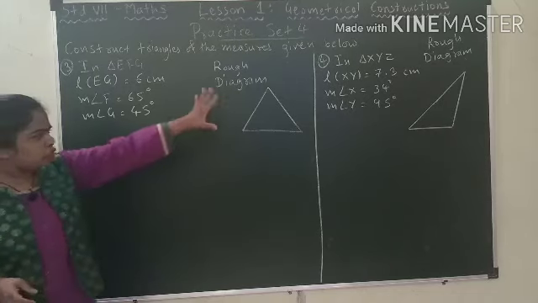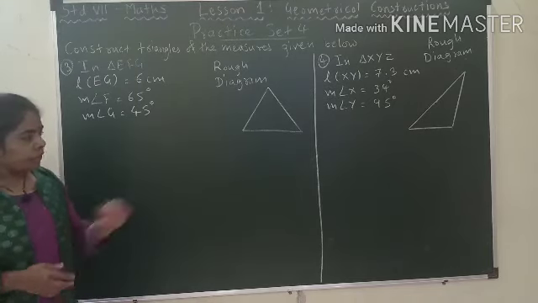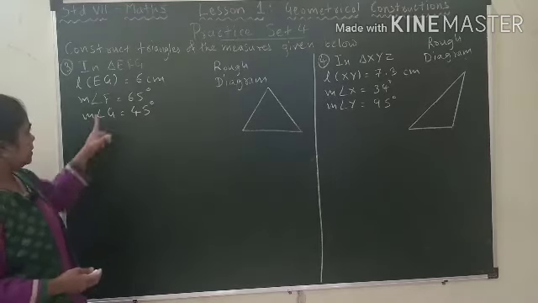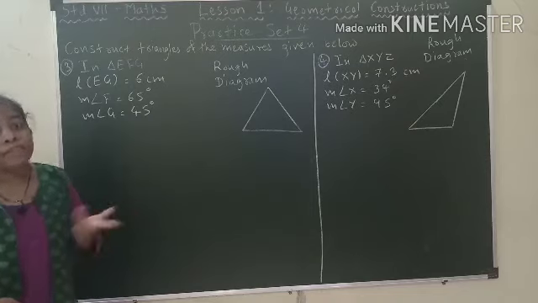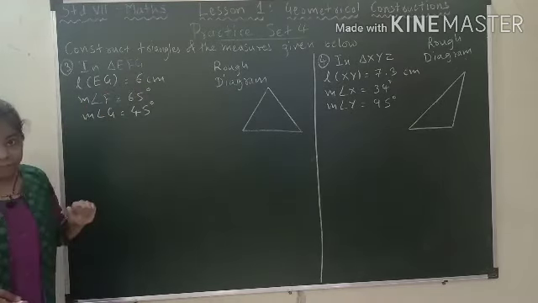When you add the measures of all the three angles, you are going to get the sum as 180. We know this rule. So if one angle is 65, second angle is 45, what is the third angle? F is there, G is there, third is angle E.